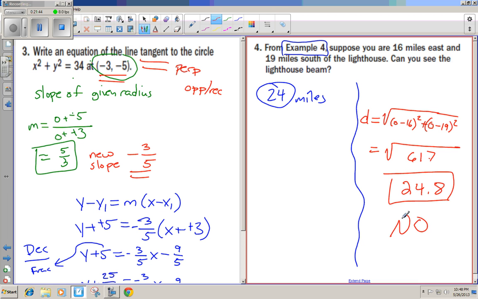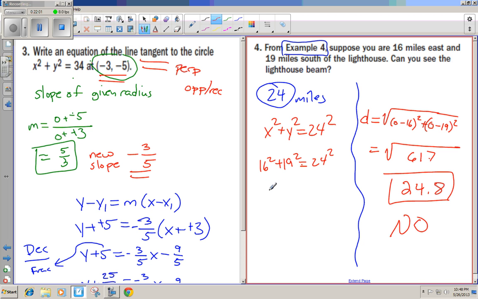So, are we within the 24 miles? You would say no. If you use the equation, you would put in the x and the y. You would do 16 squared plus 19 squared equals 24 squared.